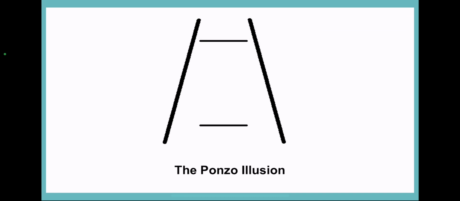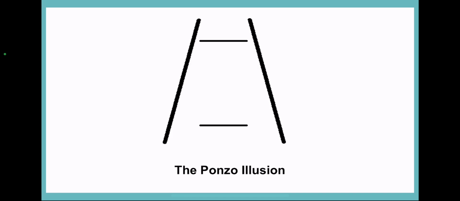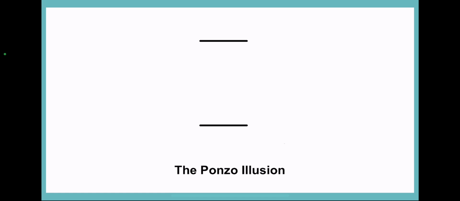And because that top line looks like it's almost touching the track on either side, that makes our brain believe that it's a very big line compared to the bottom line, which is nowhere near the track. When in reality, if we take the lines away, you can actually see that they are exactly the same size. But you all know that, you're just learning and revising.